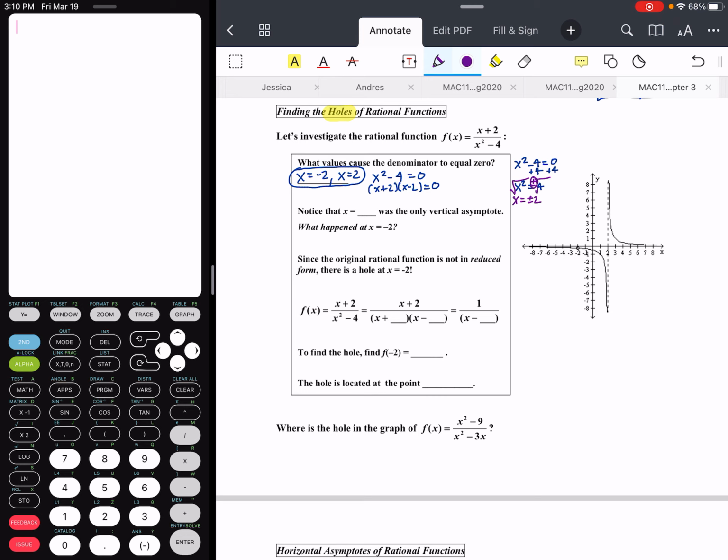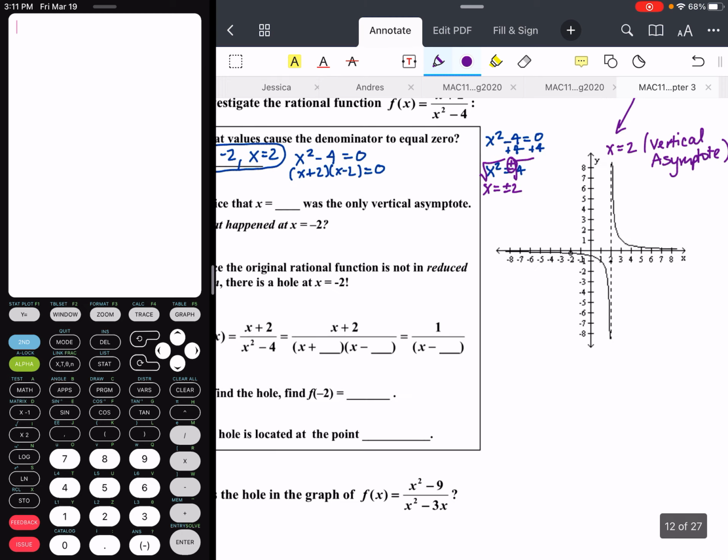If you look at the graph over here, there's just one vertical asymptote drawn at x equals positive 2. So that's your only vertical asymptote. Okay, so what's happening at x equals negative 2? It's maybe hard to see if you zoom in a little bit.